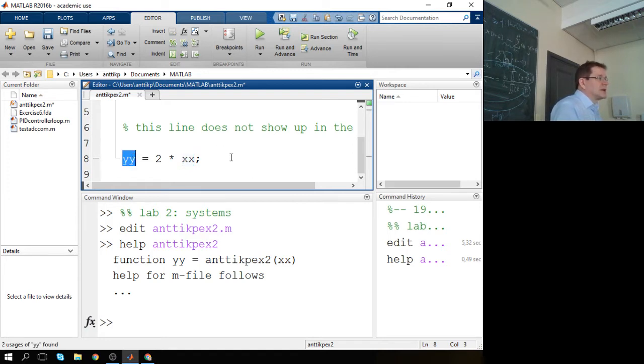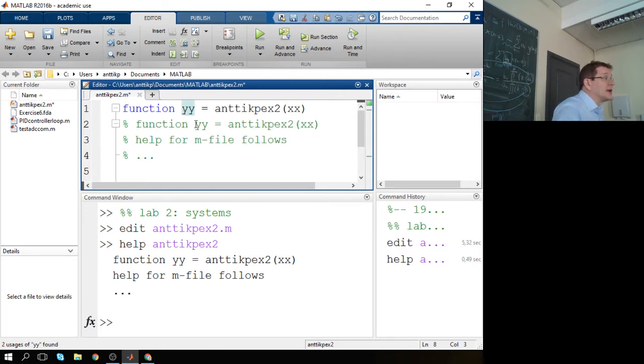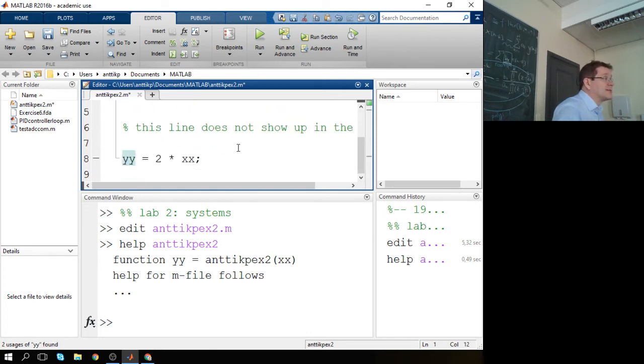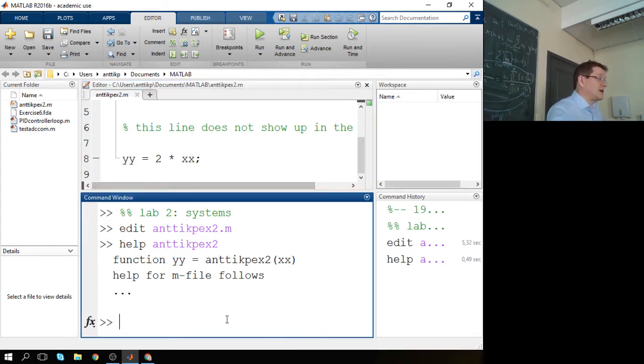You just make sure that you have set the output variable at some point. And of course, it would be nice if you use the input also, but it's optional. Okay, so that's my function, and if I then use it, I'll just call it by the M file name.